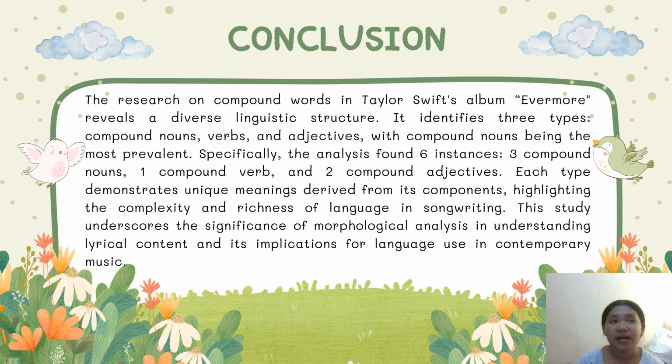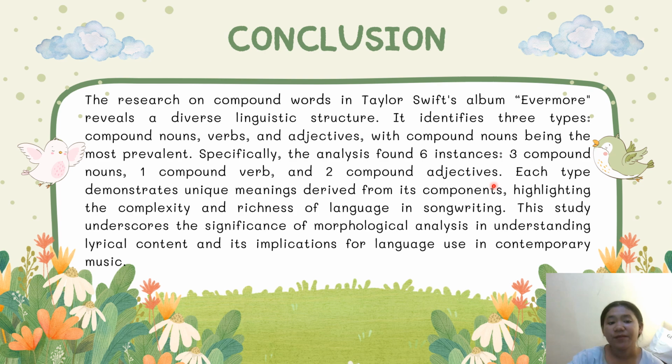The word sub is actually a prefix, and it is combined with the word urban, which is actually an adjective. Even though the word sub is a prefix, not a noun or adjective, it is still counted as a compound adjective, so it is included.